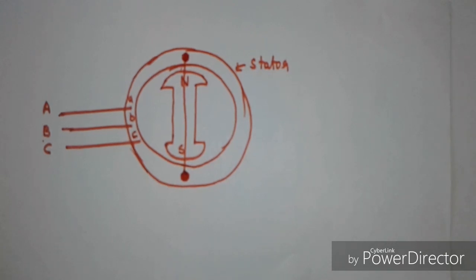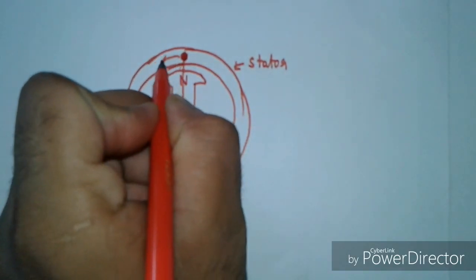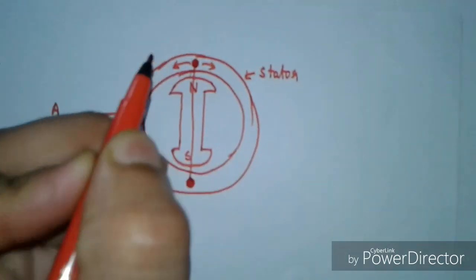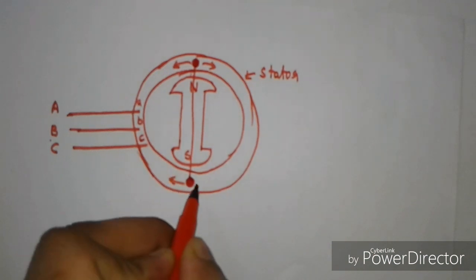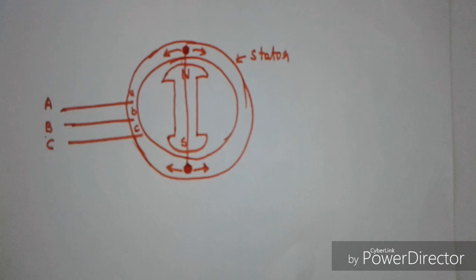Let us say this is rotating, and we have the dumbbell which is the imaginary magnetic field rotating at what speed?